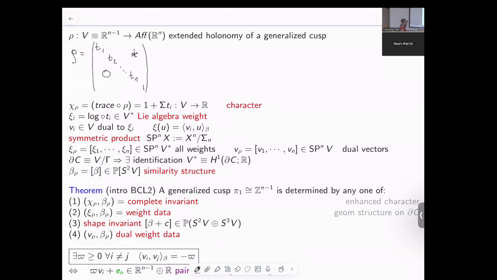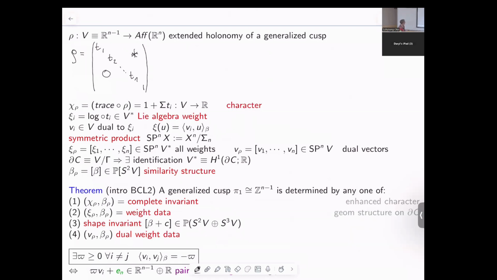And the vectors corresponding to them are elements in the nth symmetric power of the vector space. Now, the cusp is the quotient, you can identify the cusp as the quotient of V by this discrete group gamma. So that means you can actually think of the dual vector space V star as the first cohomology of the cusp with real coefficients.